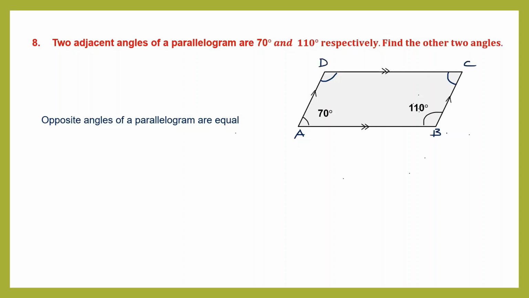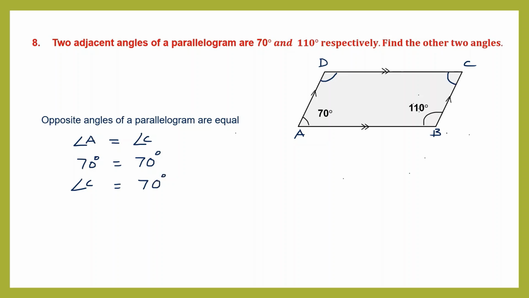So in that case, angles A and C are equal to each other. Angle A is equal to angle C. So angle A is 70 degrees. That means angle C is also 70 degrees. So we have found the value of angle C to be 70 degrees.